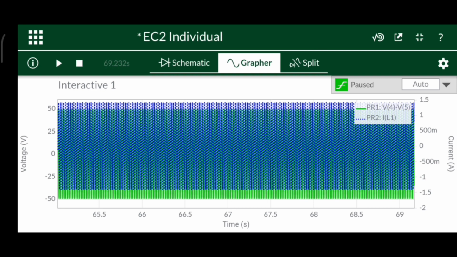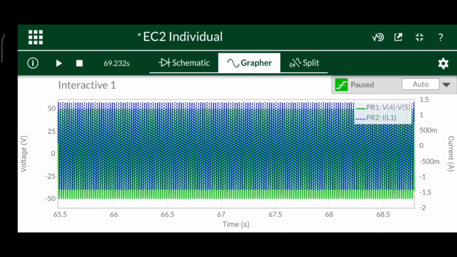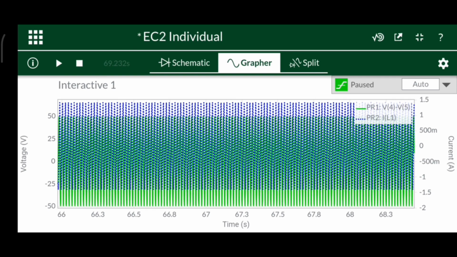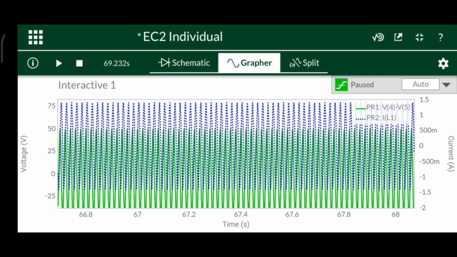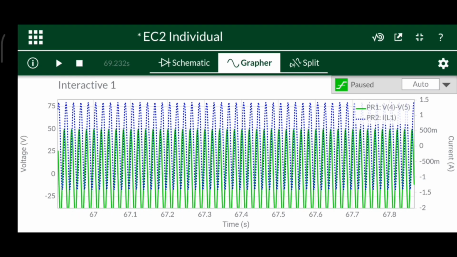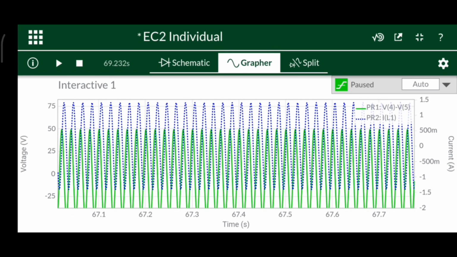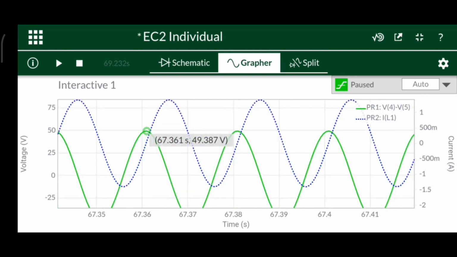To read the data, we need to zoom in and modify it until we get the perfect graph to read. So we zoom in on the graph until we get the perfect shape.